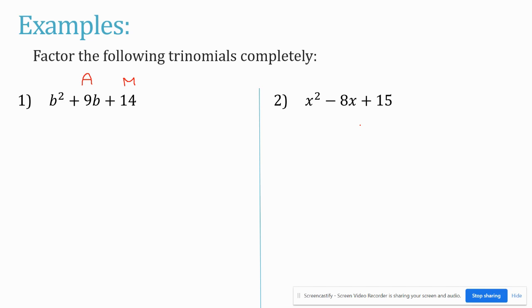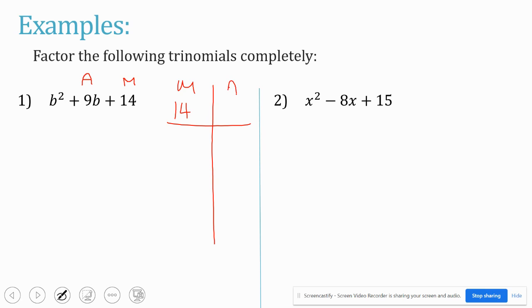So if this doesn't come quickly to you, you can make a little chart where you start with multiplication and then see if they add up to 9. So I'm going to list two numbers that when I multiply them, they give me 14. For example, 1 times 14 gives me 14, but 1 plus 14 does not give me 9.